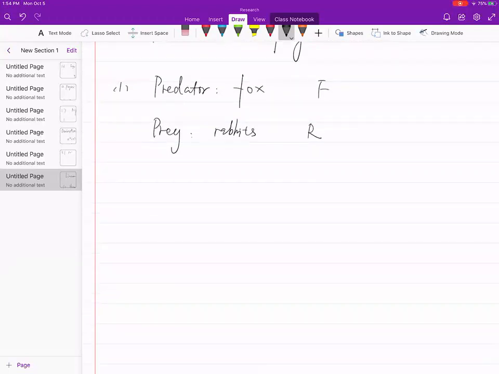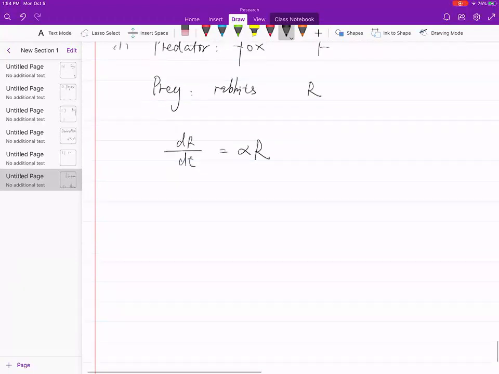If there's no fox, only rabbit, what's going to happen is dr over dt equals alpha r, which is just exponential growth. That's for rabbit. If there's no rabbit, only fox, then fox die out. So you have exponential decay with a negative rate. Why? Because you don't have food. There's no rabbit, the fox eventually dies out.